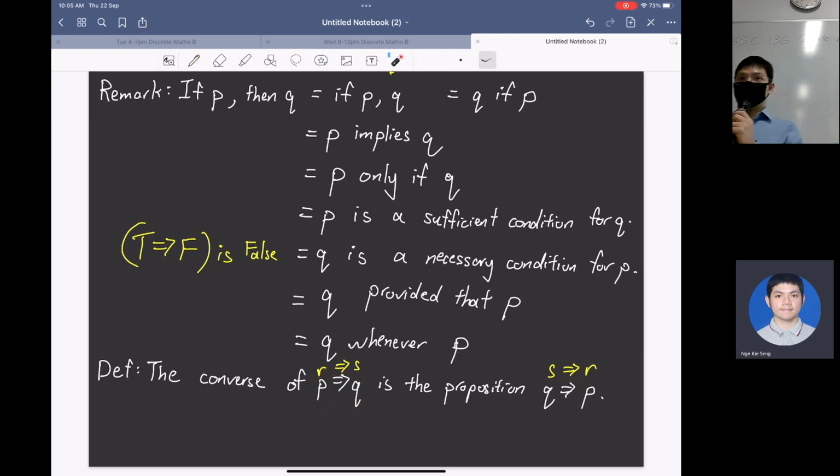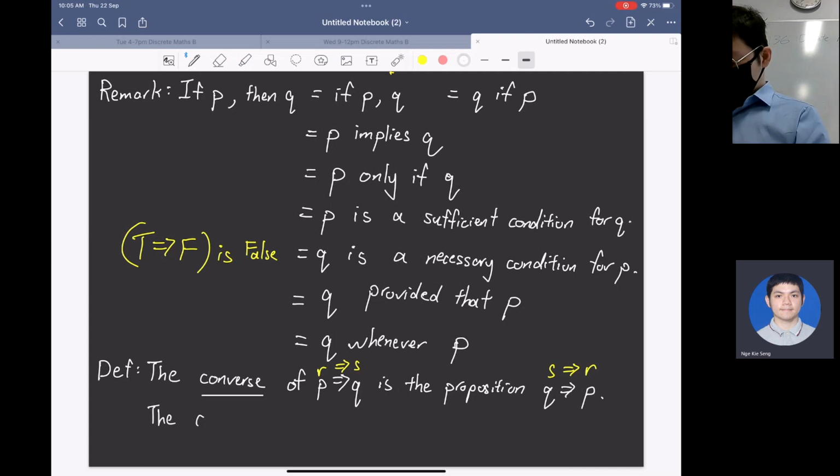It's a swap. The converse of P implies Q is the proposition Q implies P.